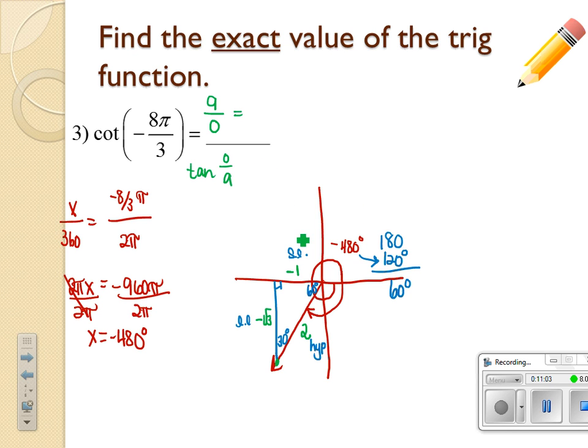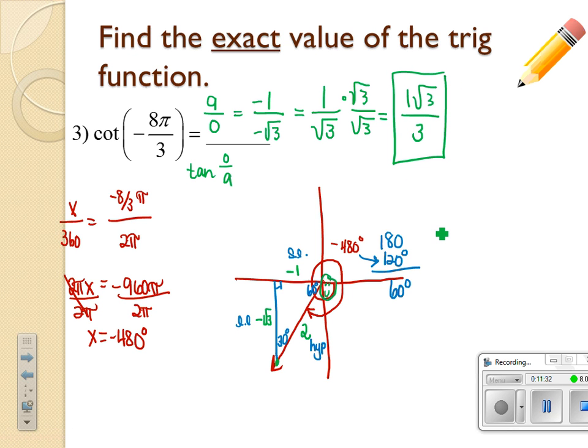So I'm standing right here, so my adjacent would be negative 1, opposite would be negative square roots of 3, okay? That negative and a negative make a positive, so I have 1 over the square root of 3. I'm going to multiply the top by the square root of 3 and the bottom by the square root of 3 to rationalize my denominator, and I get 1 square roots of 3 over the square root of 9, which is 3. Okay, and that would be the cotangent of negative 480 degrees.